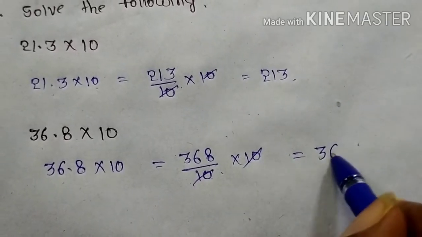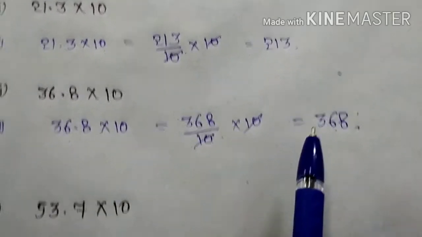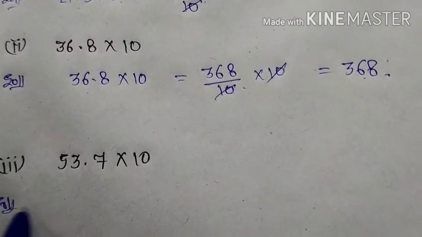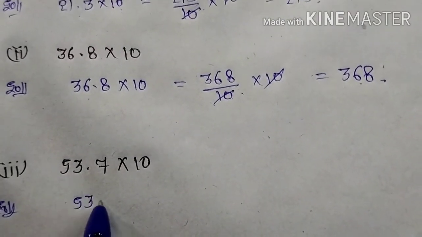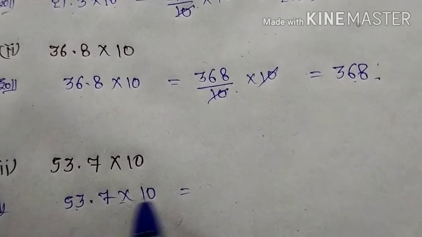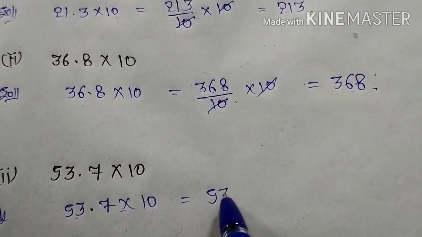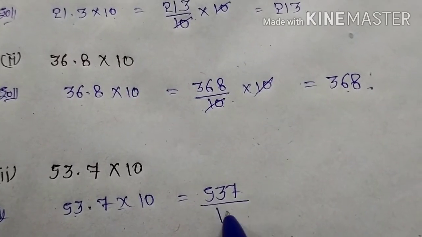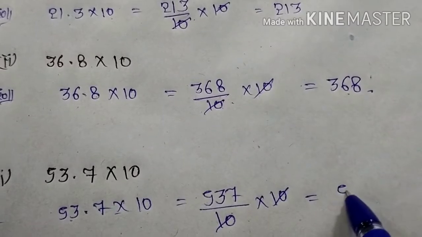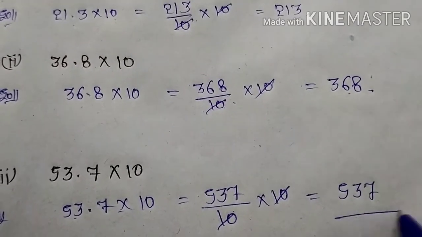You can write your answer as 368. Next, 53.7 into 10. 53.7 means 537 by 10 into 10. 10 should be cancelled. 537 is your answer.